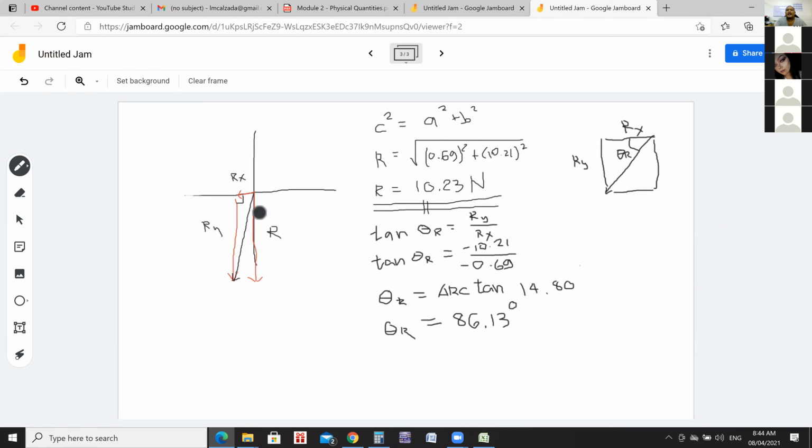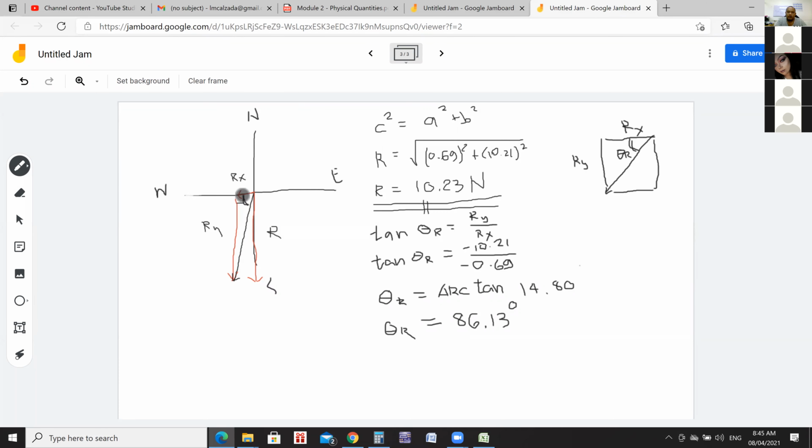Which angle is that? This angle here. What is this direction? This is west, this is north, this is east, and this is south. What is this angle?